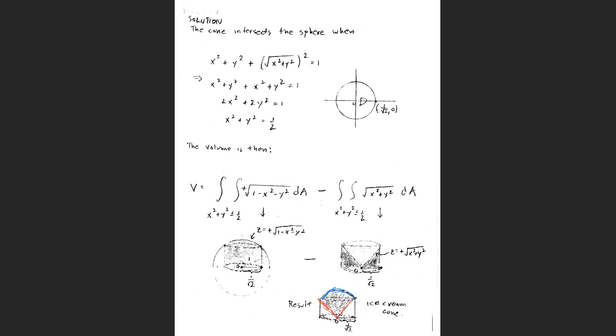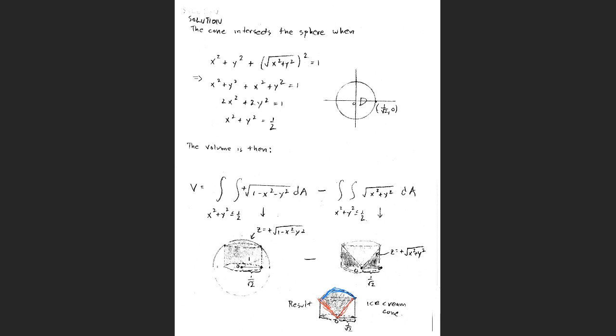So here what I've done is I've outlined the ice cream cone. The ice cream cone has a surface on top, which I shaded in blue, and then it has a surface below, which I shaded in red.